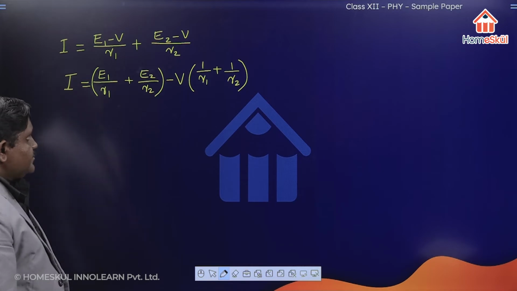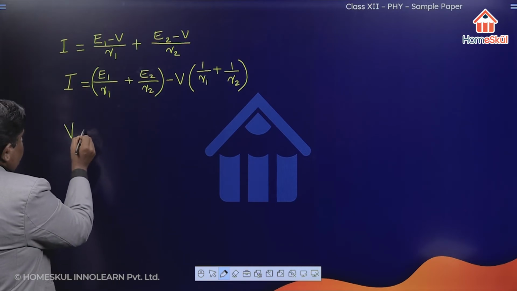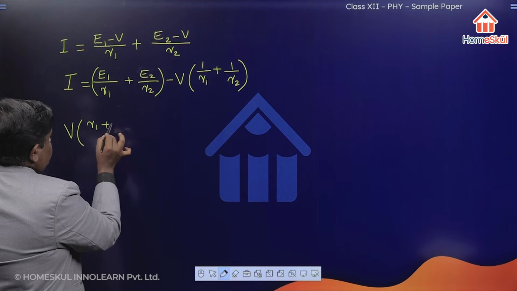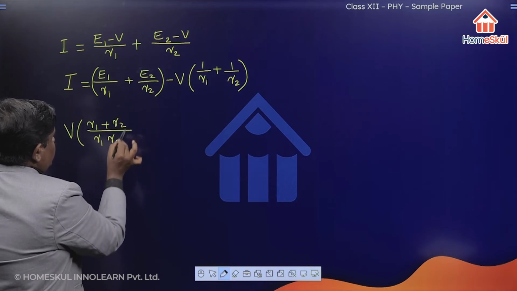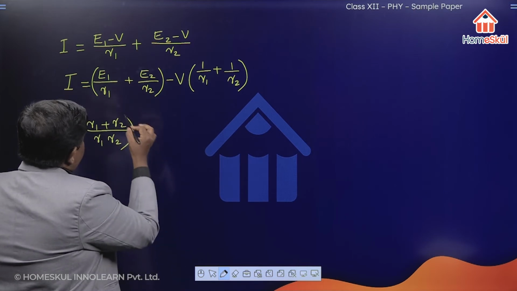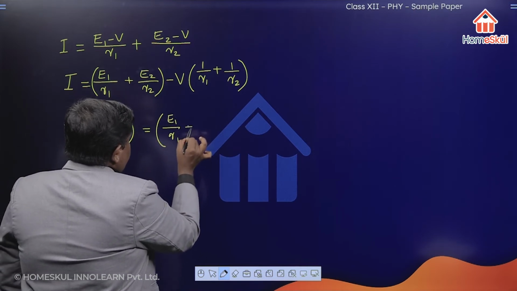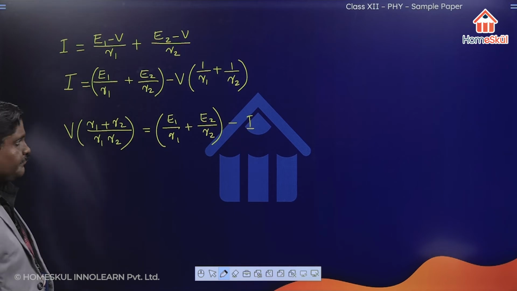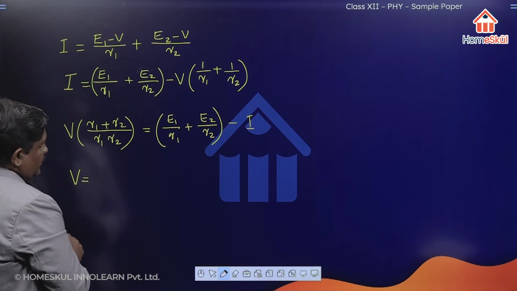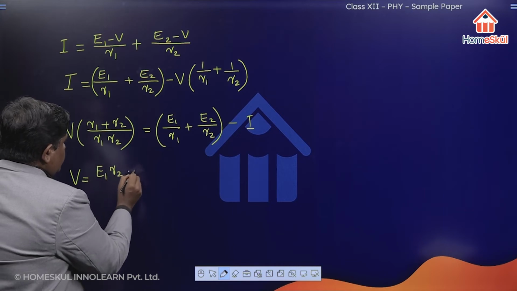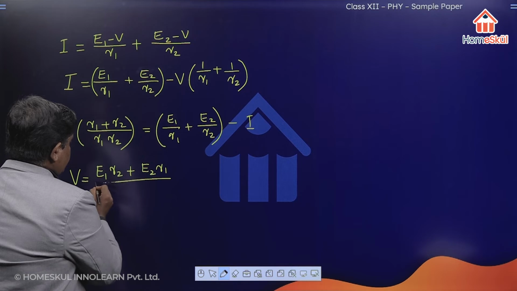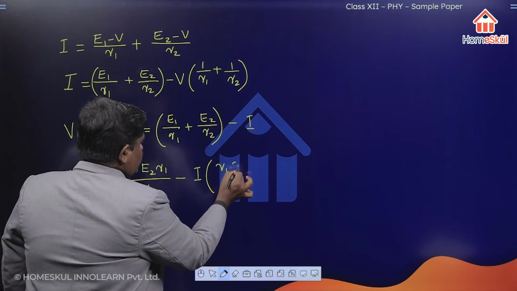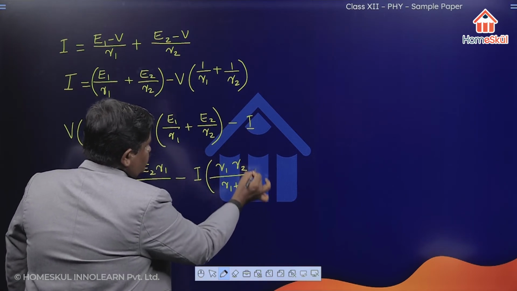From this equation we write V into (1 by r1 plus 1 by r2), taking the LCM as r1 r2, we get (r1 plus r2) divided by r1 r2, is equal to E1 by r1 plus E2 by r2 minus I. Therefore V is equal to (E1 r2 plus E2 r1) divided by (r1 plus r2), minus I into r1 r2 divided by (r1 plus r2).